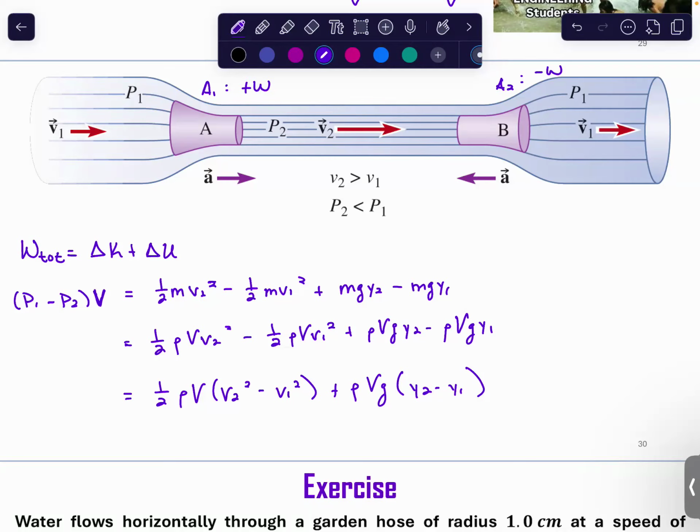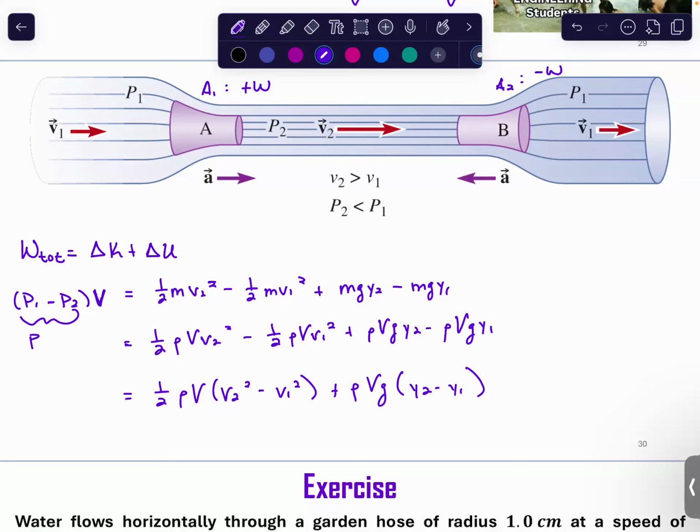So a lot of the way we were doing the work-energy theorem, now you're just dealing with fluids. And you have all of these different kinetic energies and potential energies, and you're like, which one's going to be zero? And you'll see in problem solving, this form of the equation is really quite helpful because we get that P1 minus P2, which you remember what P1 minus P2 is called? Delta P, the change in pressure.